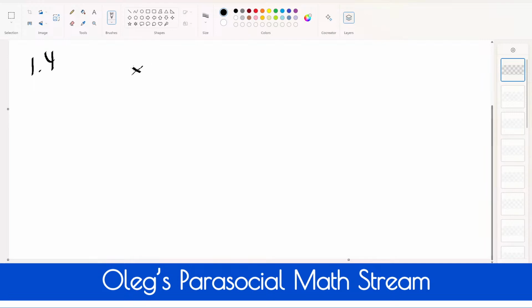let's try x plus 4 times 3x minus 2y plus 5. Okay, so again, we're going to just distribute it. I'm going to go like this, with a 3x squared, and then minus 2xy, and then plus 5x.